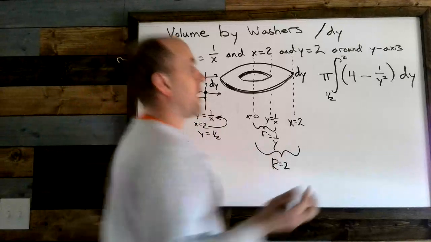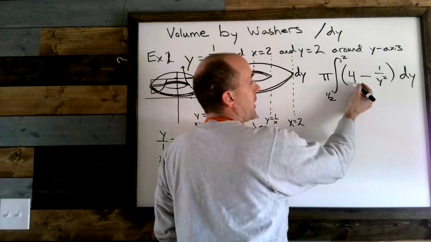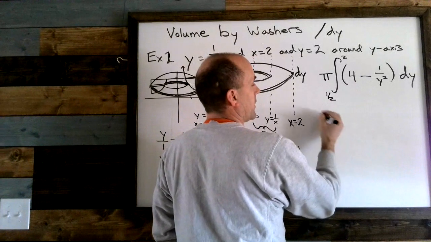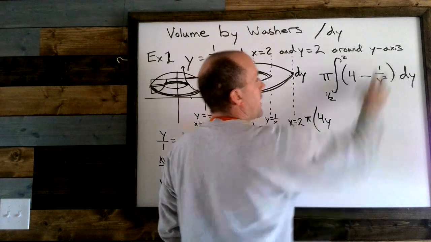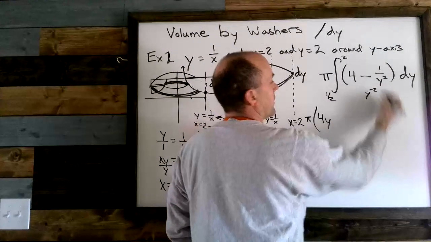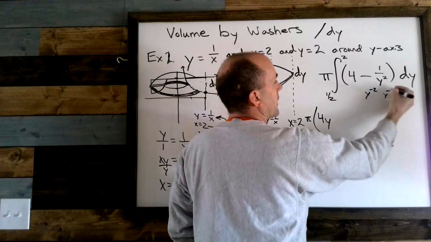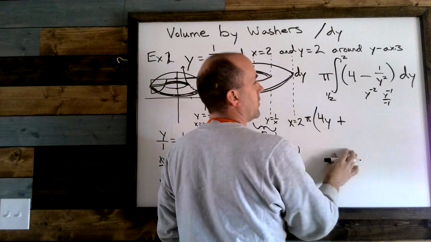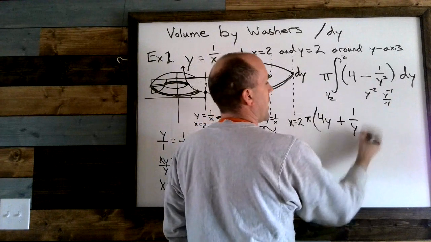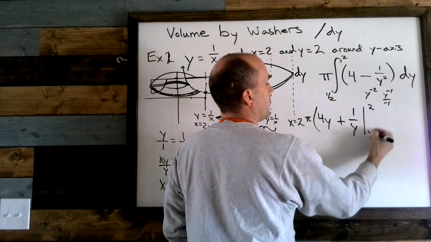So let's go ahead and find an antiderivative here. Antiderivative of 4 is 4y. Antiderivative of y to the -2 is going to be y to the -1 over -1. It's going to switch that to a positive, so plus a 1 over y, and we evaluate it at 2 and 1/2.